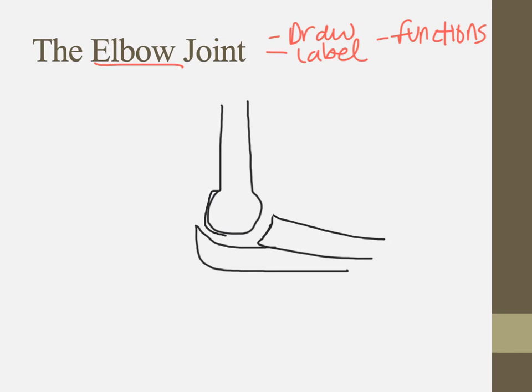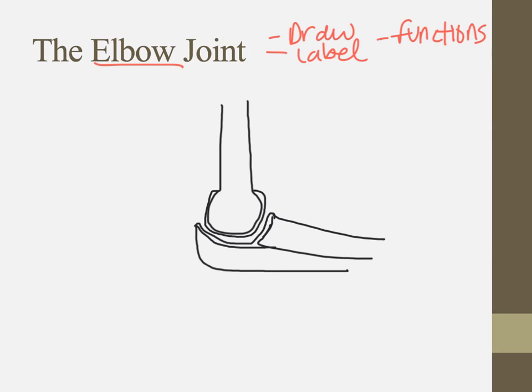So let's see if I can get this right here. There's a layer of cartilage there, and we've got a layer of cartilage covering both the ulna and the radius. It's important to note that cartilage is actually connected to the ends of the bones.